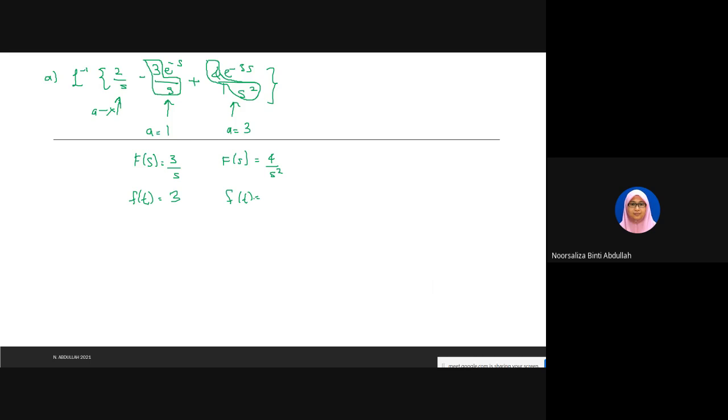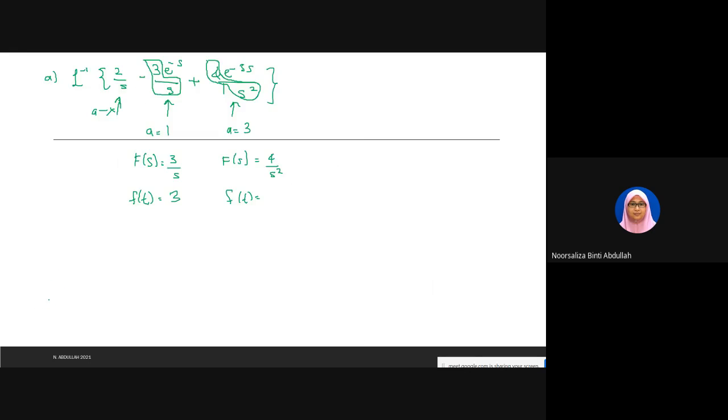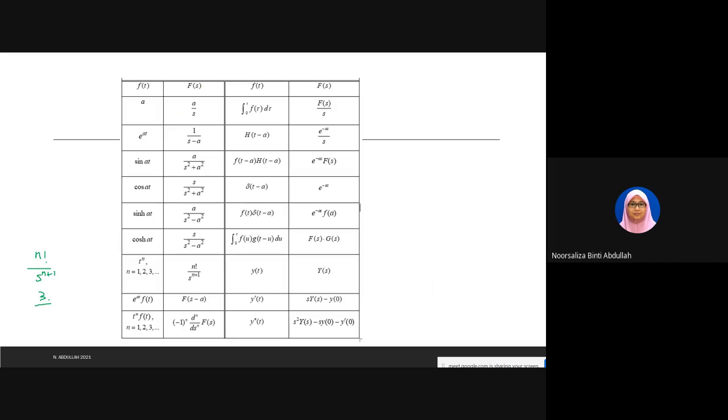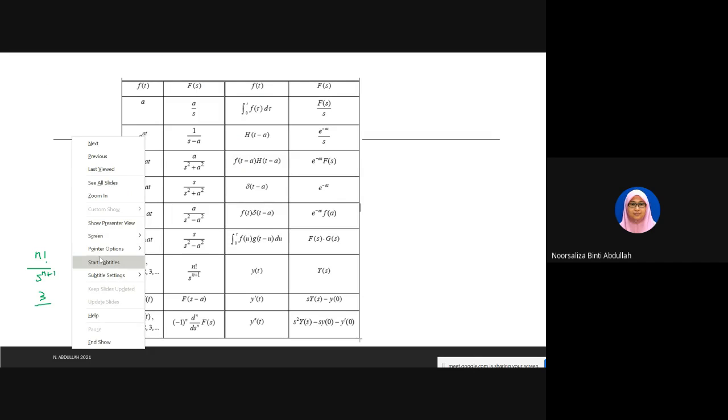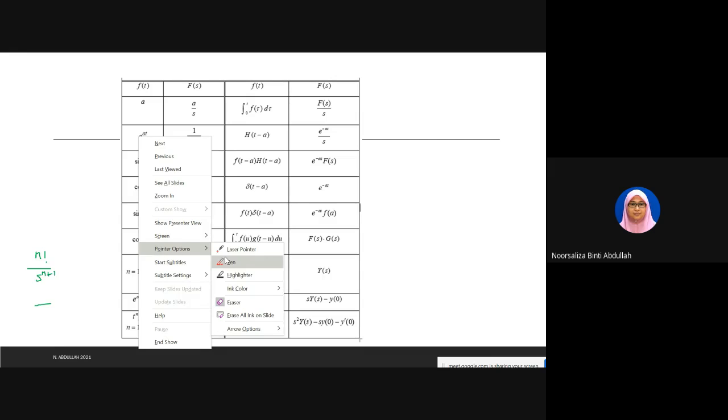4 over s squared. N factorial over s to the n plus 1, right? Now we know this one is 3 over s, so the value is 4 over s squared.